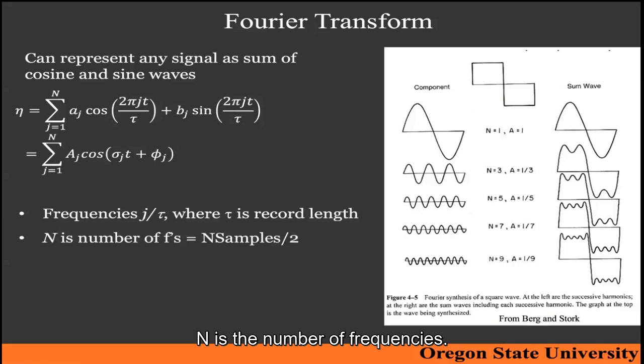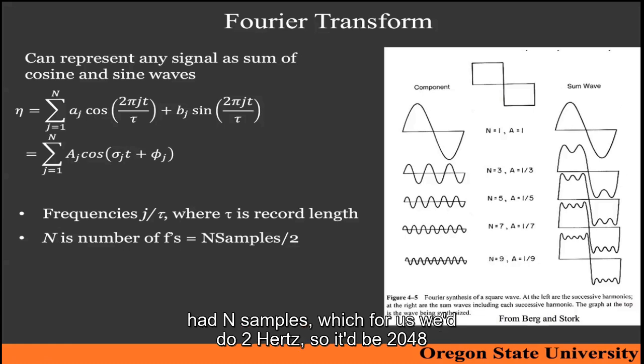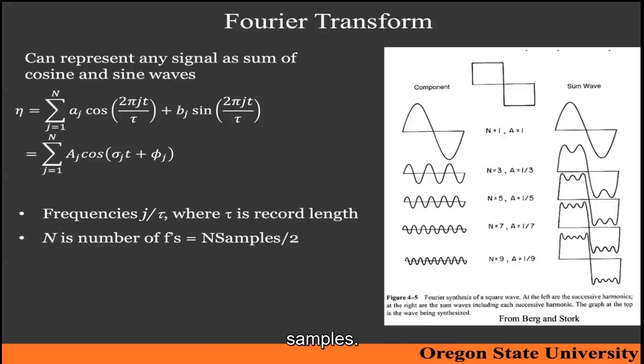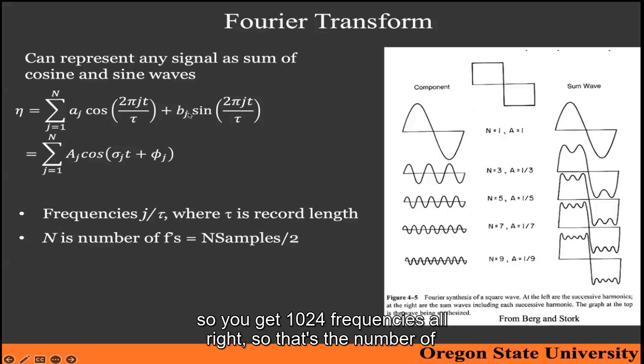N is the number of frequencies. So when you do a Fourier transform, say if I had N samples, which for us at 2 hertz would be 2,048 samples, you're estimating 2 coefficients, A and B, for each frequency, and so you get 1,024 frequencies.